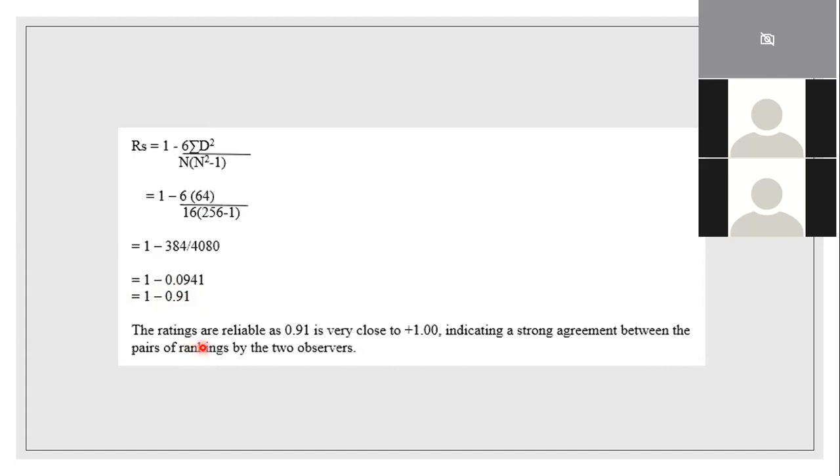And so with a value like 0.91, which is very, very close to 1.00, we can see that the ratings given by the two observers are very, very reliable. This is what you aim for when you design a tool, especially an interview tool or an evaluation tool, an assessment tool that will be used by several people.